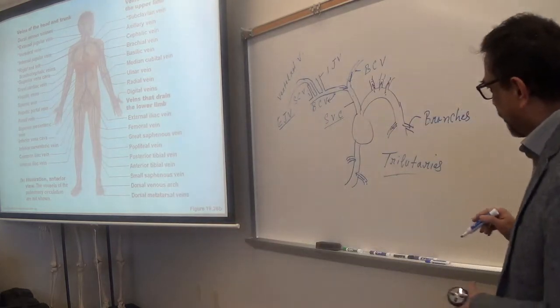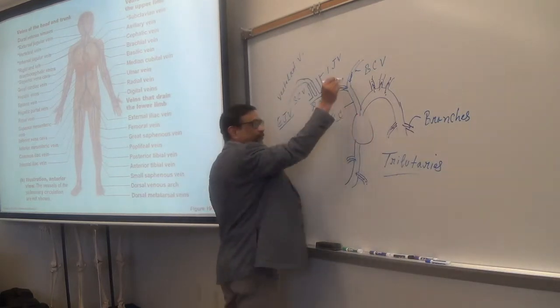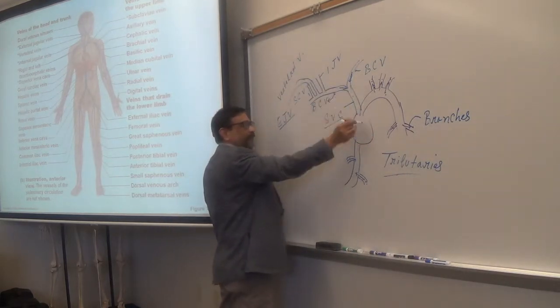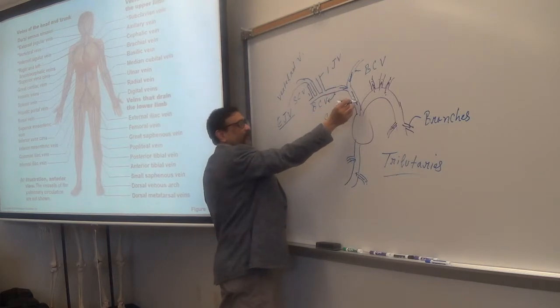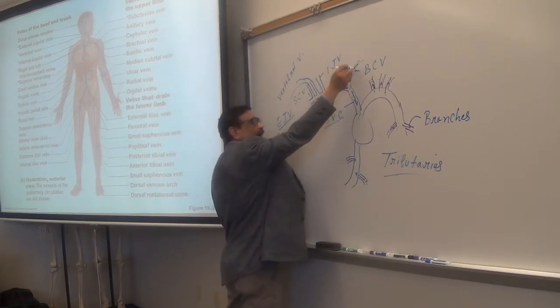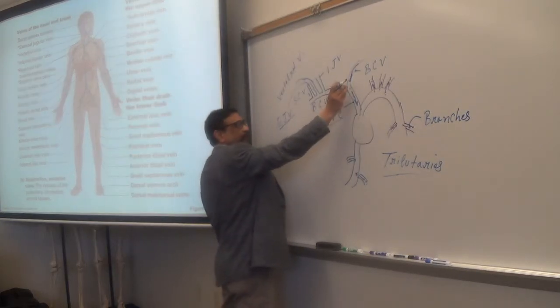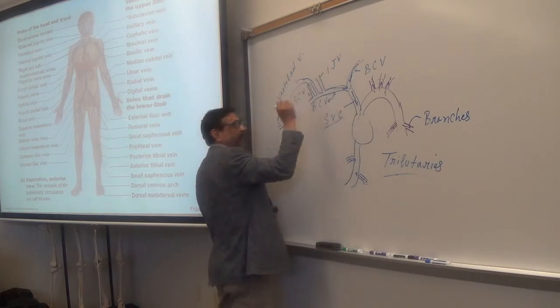So let's review. Okay, so this is superior vena cava. Blood goes into right atrium from superior vena cava. Superior vena cava receives blood from right and left brachiocephalic vein. This is right, this is left brachiocephalic vein. So we can say superior vena cava divides into right and left brachiocephalic vein.